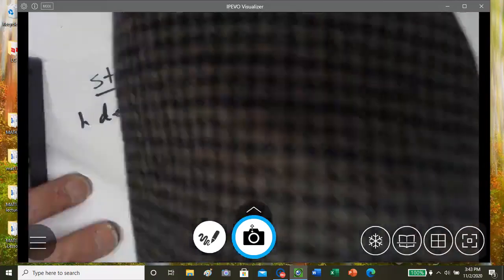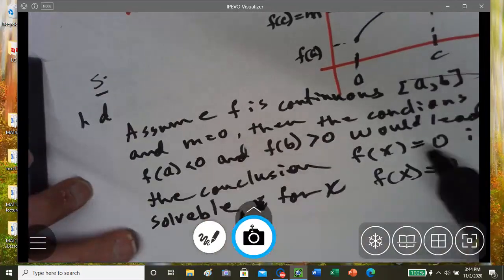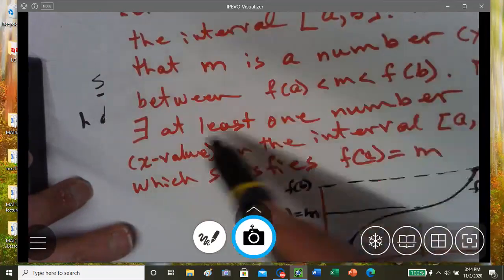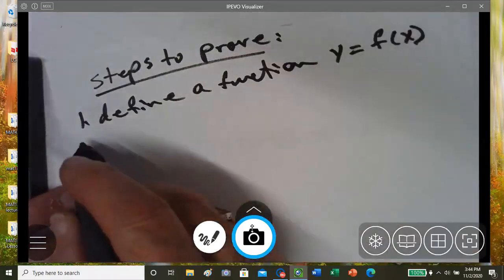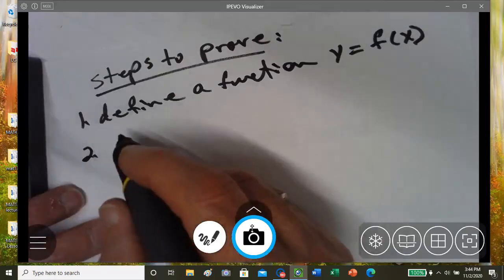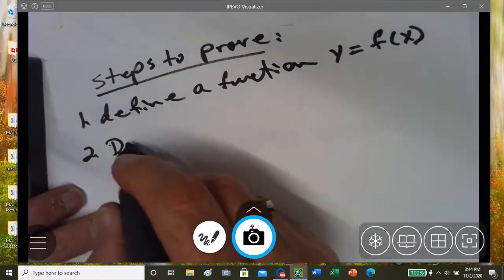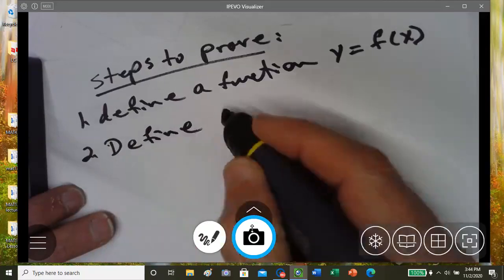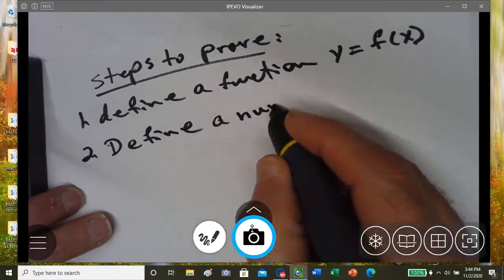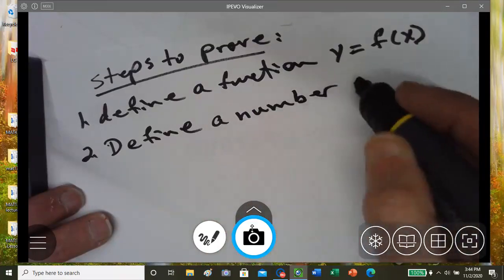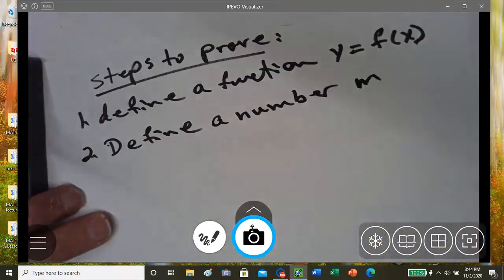And that's what we did here. We defined it. So you have to define the function first, and then step 2, define a number m, or our y value.